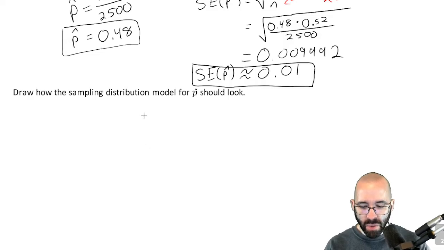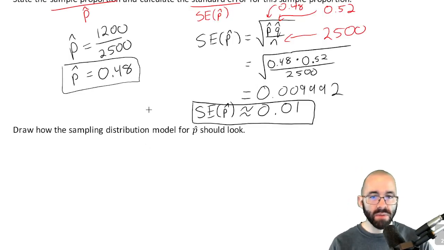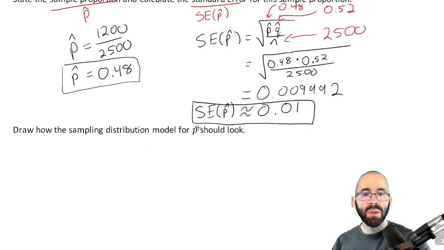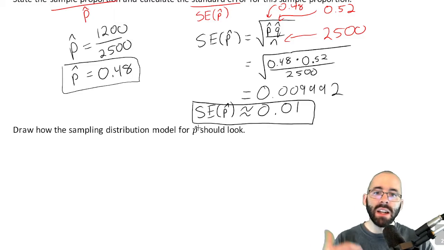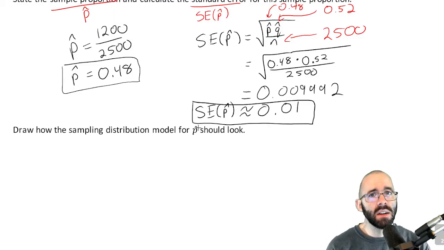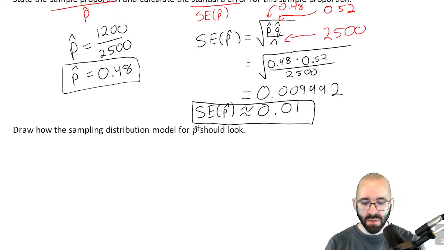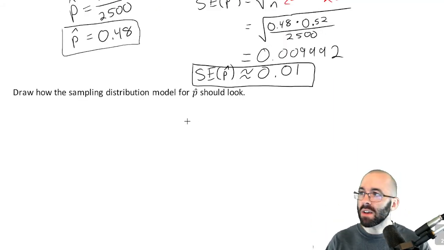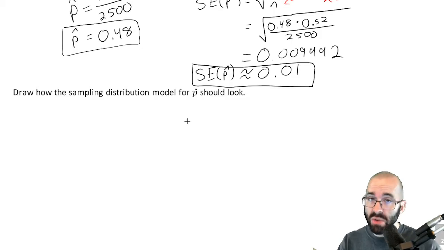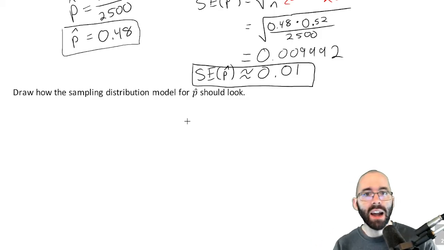So now we want to draw the sampling distribution. Now we don't know the sampling distribution exactly because we don't know what p is, right? We need the population proportion p to find the sampling distribution. So we're going to approximate it. What's the best way that we have right now to approximate p? p hat.